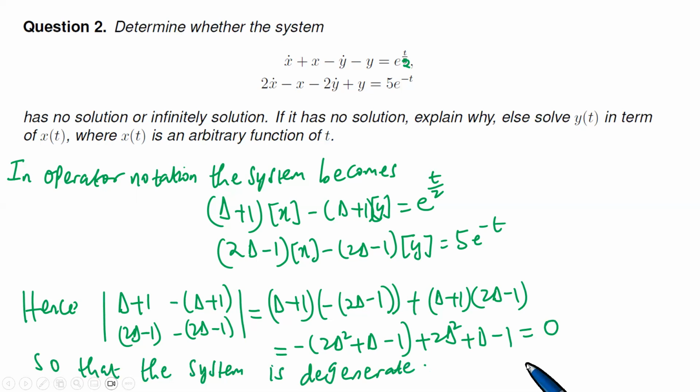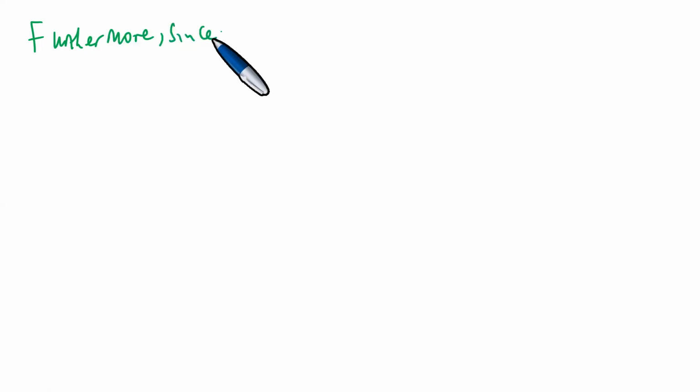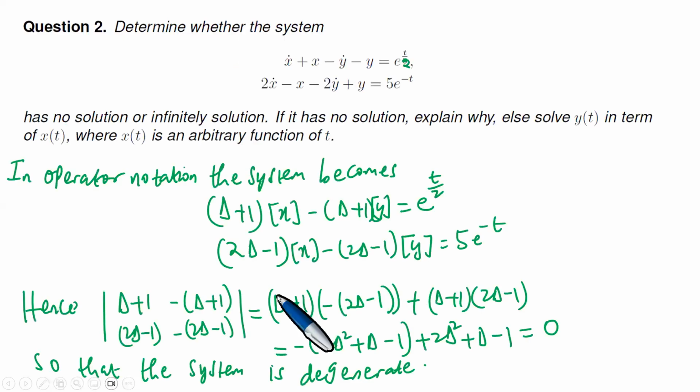Next, we use the notions we know from Cramer's rule. In view of Cramer's rule, we take the first column and we replace the second one by these functions.